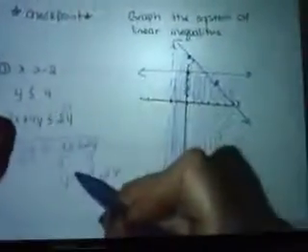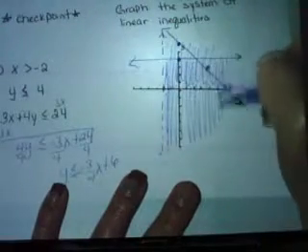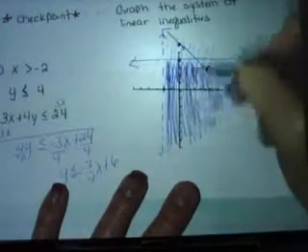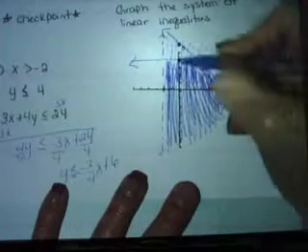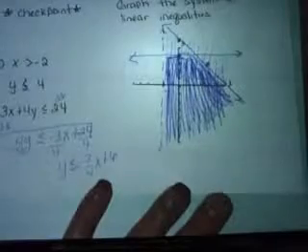It's less than or equal to, so I know my line is solid. It's less than, so I know I have to shade below. It's got to share the shading that I already have, so it's going to be in this area. Okay, moving on.